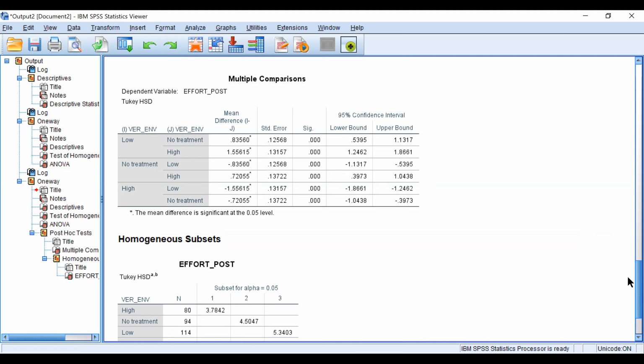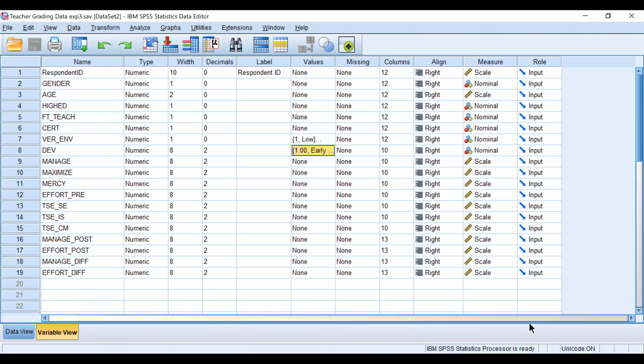Okay, but someone might say, hey, Bonner, that design wasn't even very good because you don't know how these people's inclinations were at pretest. And they weren't randomly assigned, so we can't assume that they were all normally distributed in their differences at pretest. They could have had systematic differences. So we've measured pretest.